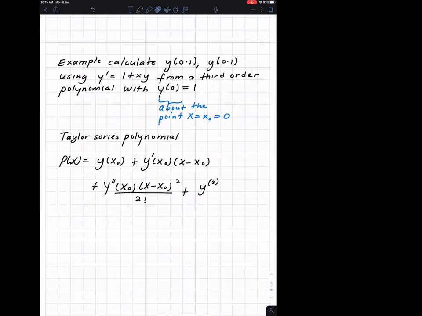You also can write the next derivative as y triple prime, which is a third order derivative, over 3 factorial.